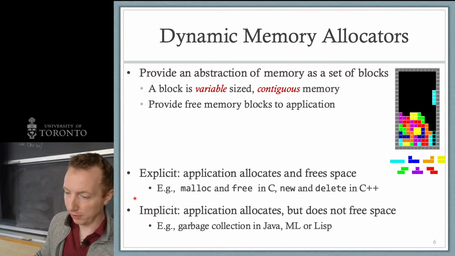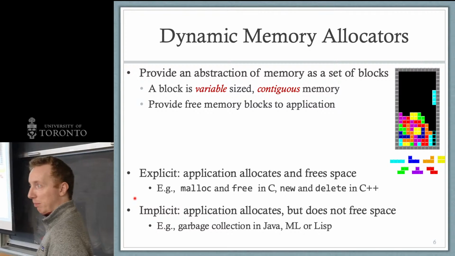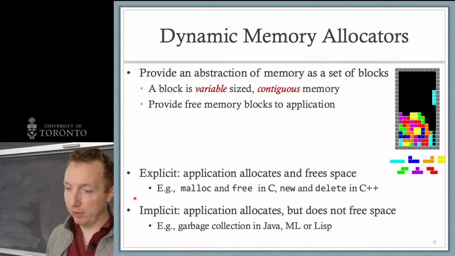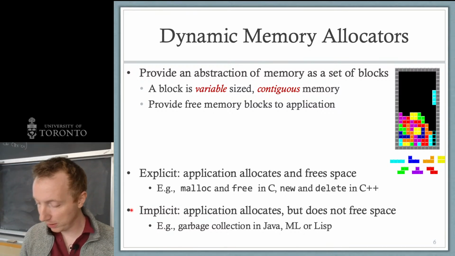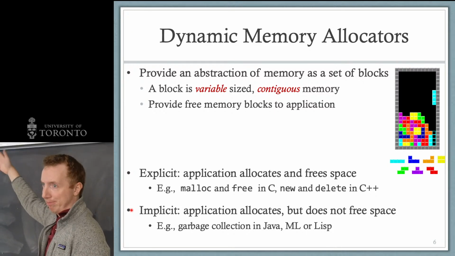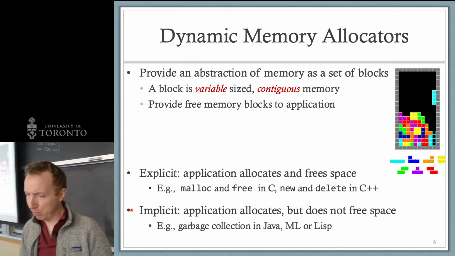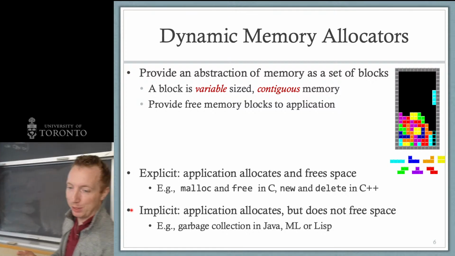You can also have implicit memory management, where you allocate memory and you don't free it explicitly. You let something like a garbage collector figure it out. You can use it in Java, ML, OCaml, or Lisp.